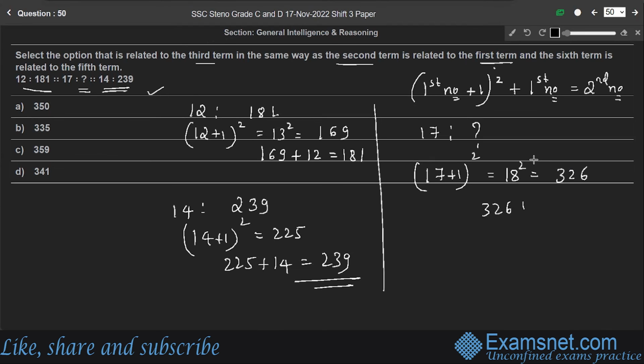So 324 plus the number 17 itself gives 341. Am I right? 341 is the fourth term. Therefore, 17 is related to 341. So option D is the right answer.